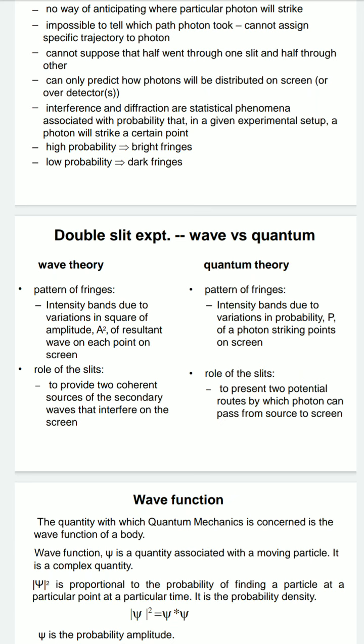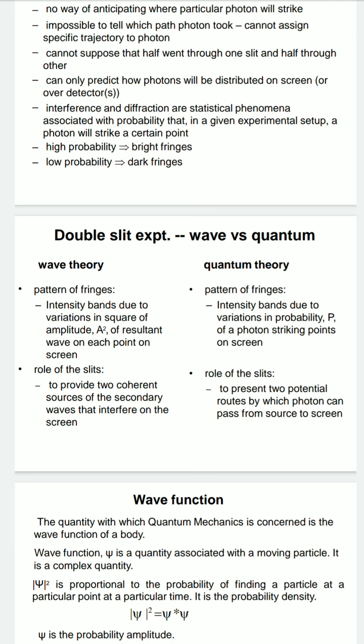So the intensity band happens by the diffraction and interference of the light beam. Diffraction happens at the slit points, and each slit produces a light beam as a coherent source, and these two beams interfere to get the pattern there.